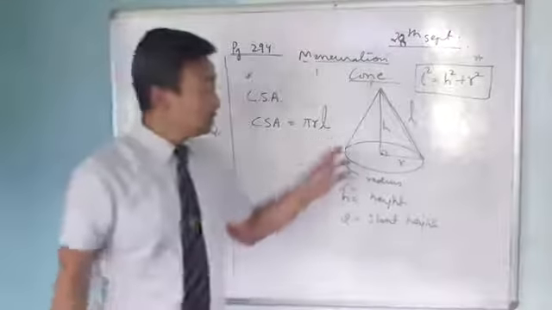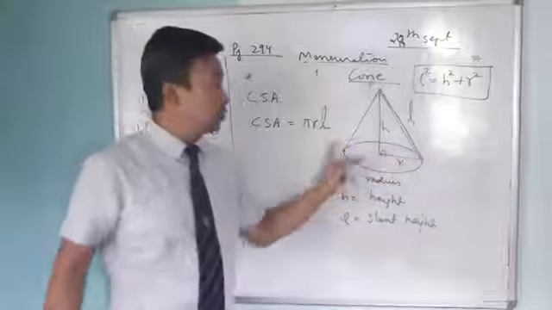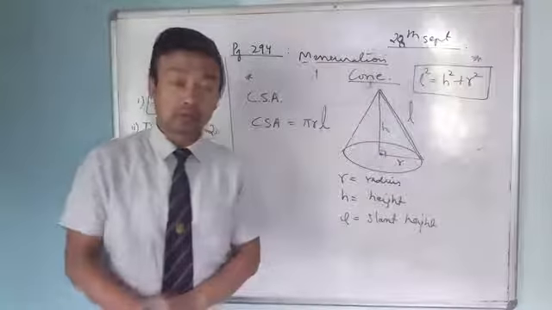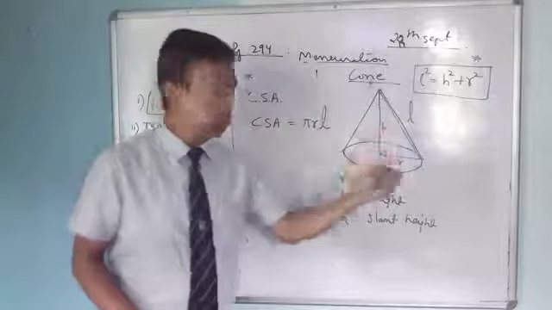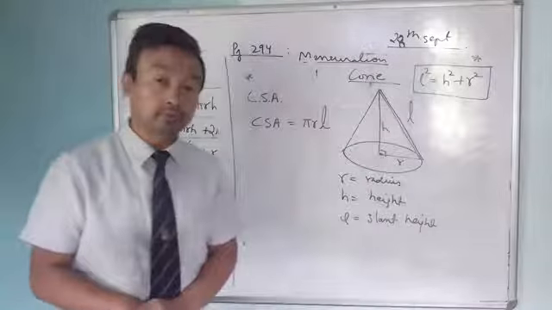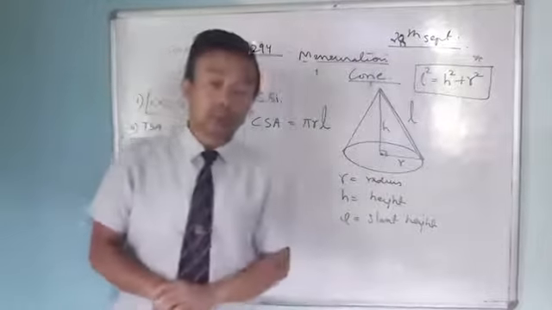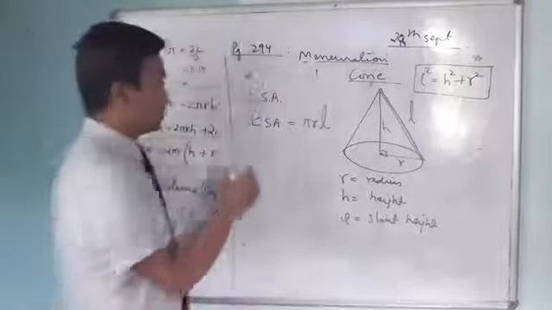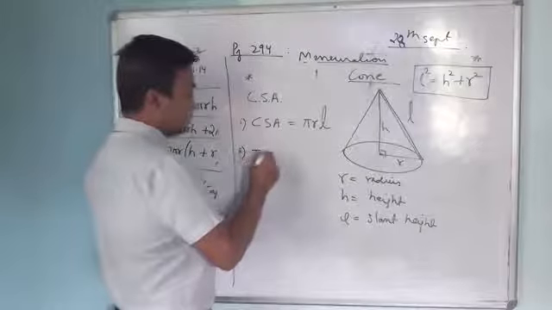You should not focus too much on how it came. There is a long process to explain, and that is not required when you go to the higher classes. If you take up mathematics, then you will come to know how this formula actually arrived. The second formula is the total surface area, TSA.